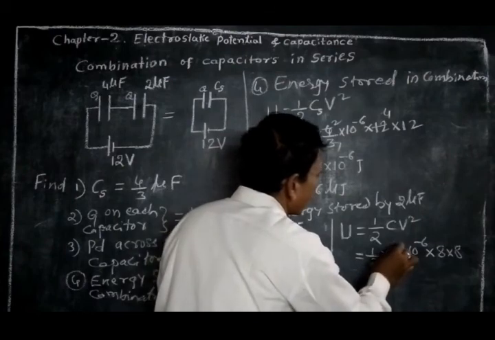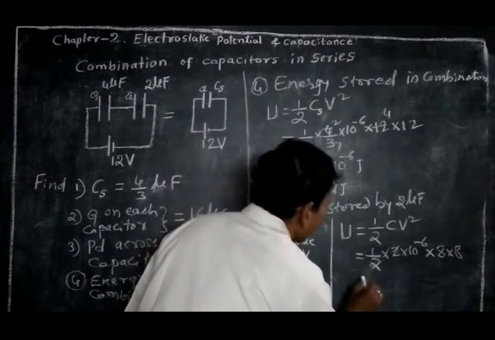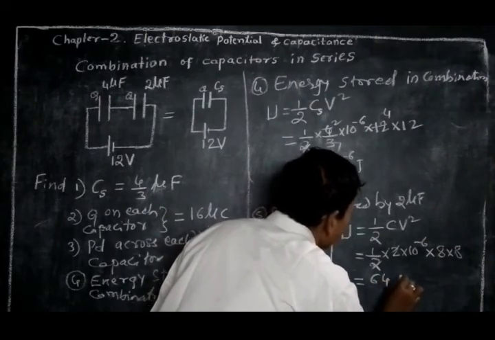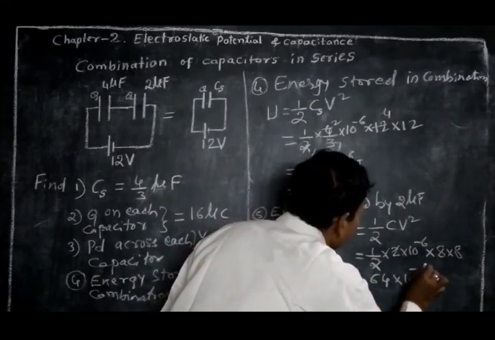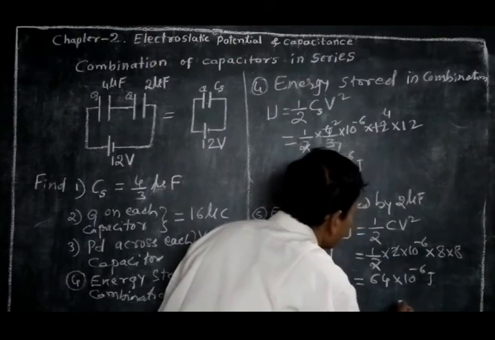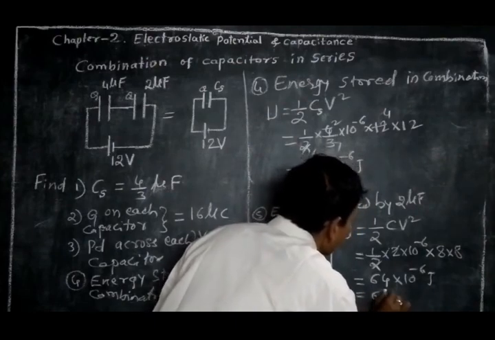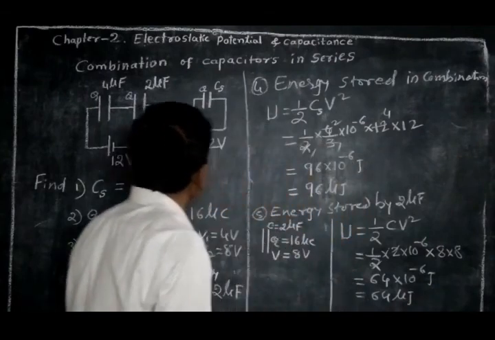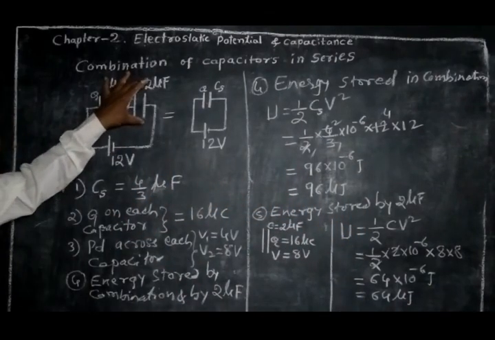Here 2 gets cancelled. Remaining 8 into 8, 64 into 10 raised to minus 6 joules, or 64 microjoules energy stored by 2 microfarad.